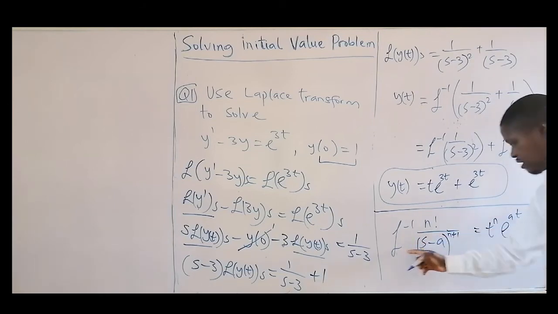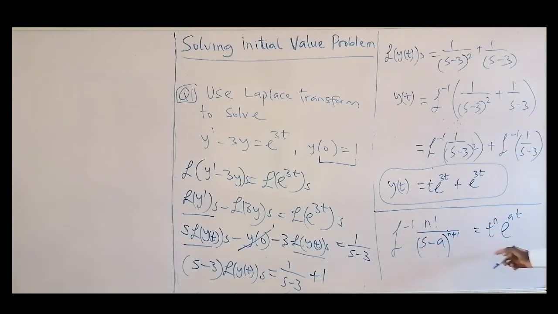So the inverse of this one will give you this. It's just a normal standard table. And if you take the plus of this also, you get this one back. So that's just that on that question.